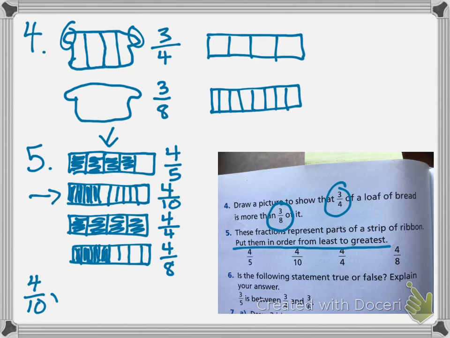And what I'd like you to do is put the rest of them in order right now. And you should be ending with the biggest colored strip, the strip that has the most color in it. So pause the video and do that, please.